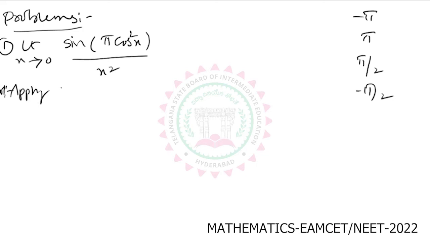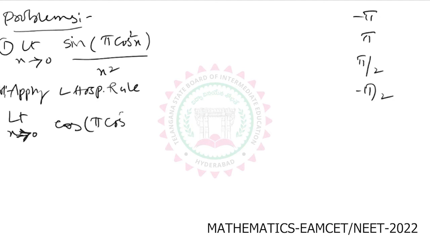Apply L'Hospital. So what is the L'Hospital rule? I have to differentiate the numerator separately and the denominator separately. For example, the derivative of sin of something is cos of that, that is cos of (pi cos square x). Now the derivative of the inner part, pi will remain as it is.